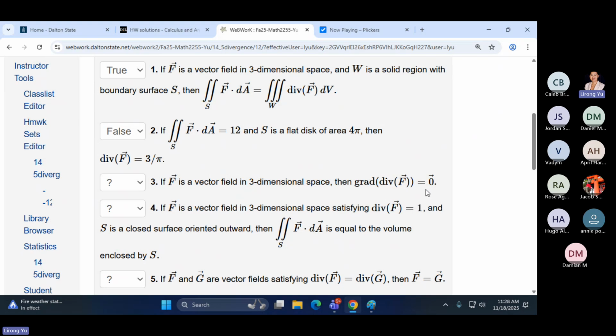Number 3: F is a vector field in three-dimensional space and the gradient of the divergence equals 0.